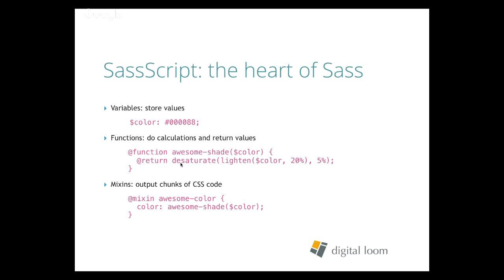And mixins are actually the special thing, they're very flexible. They allow you to output chunks of CSS code, and you can, well, mix and match. Really, you can use functions within. You can call functions from within mixins. Mixins can be entire selector blocks, only partial selector blocks. They accept arguments, so we'll see some of that.